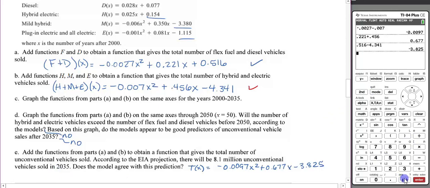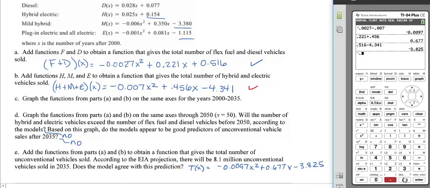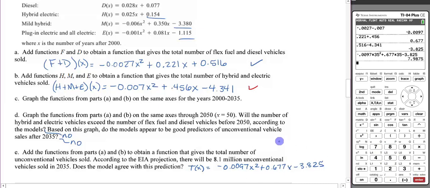So we'll say a negative 0.0097 times 35 squared, putting that in for x, plus 0.677 times 35 minus 3.825. And we get about 7.9875.